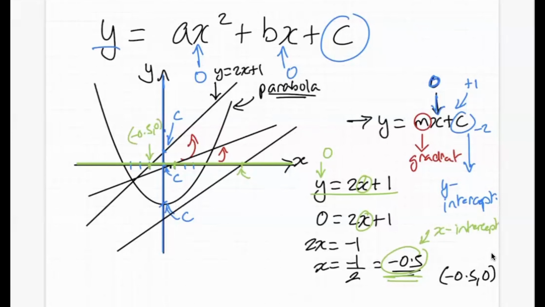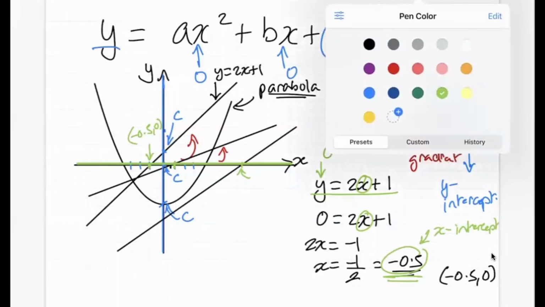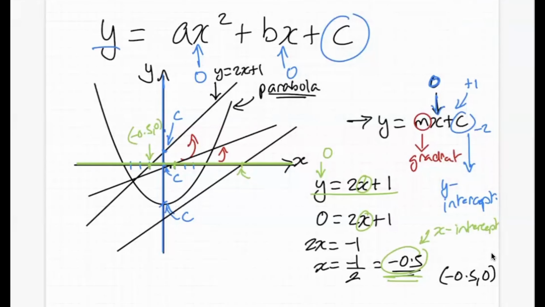This is where this graph crosses the x-axis. And c here in blue is the y-intercept. So that's where this graph crosses the y-axis. In this case, our c is +1, right? So anyway, I hope I've explained that properly for line graphs.